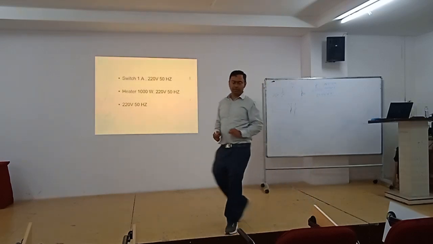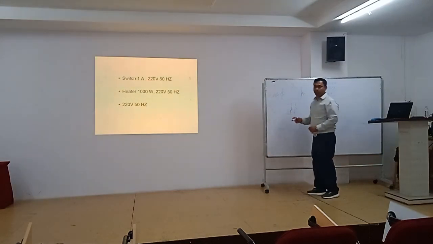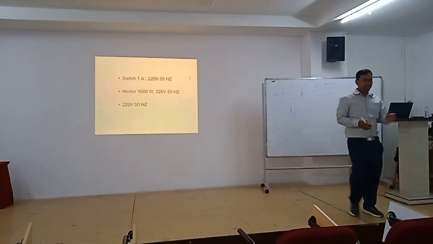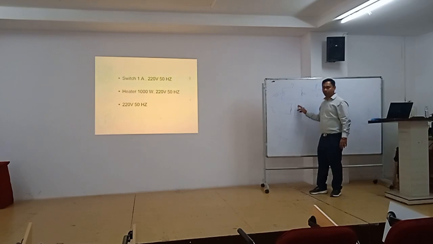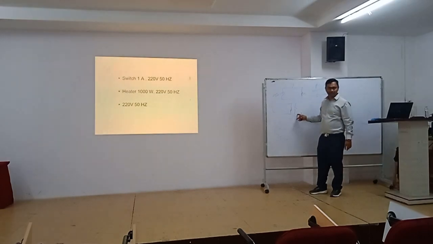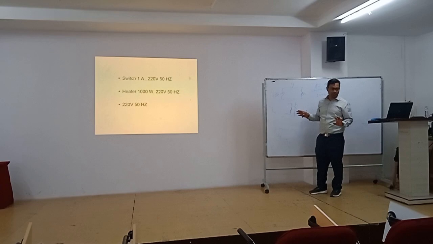The benefit is that the contact and the coil are connected magnetically. When you energize this coil, the contact will be pulled and closed. When you de-energize the coil, the contact will come back to its original position.